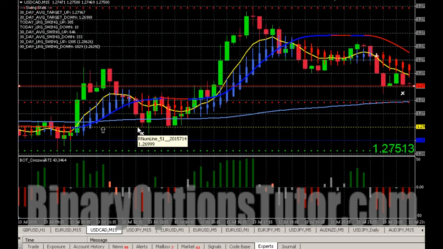Again, sometimes, instead of being constrained to the exits that are pre-selected on a broker, you can trade these on spread. You can trade these with extended binaries, because you can trade a binary option on Nadex for a longer period of time, and sometimes it's to your benefit.